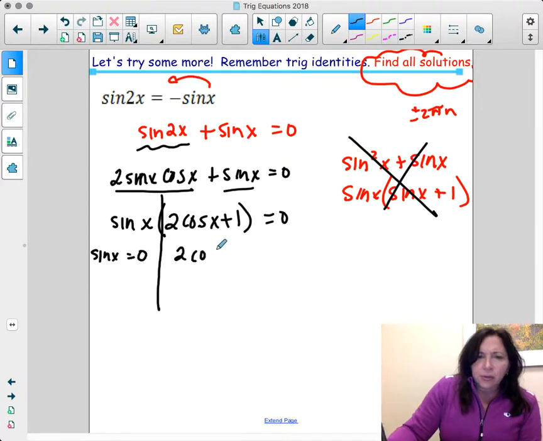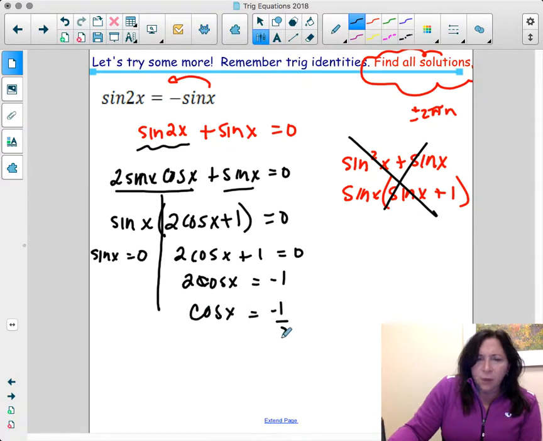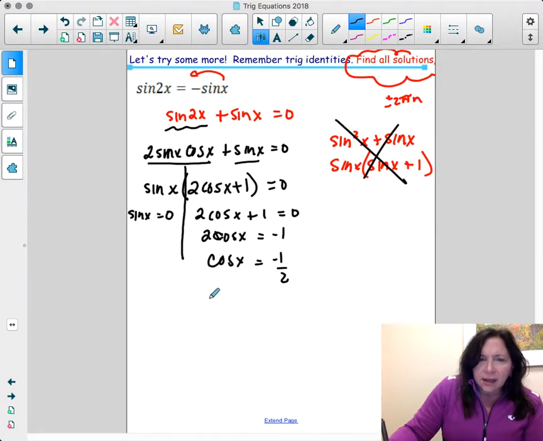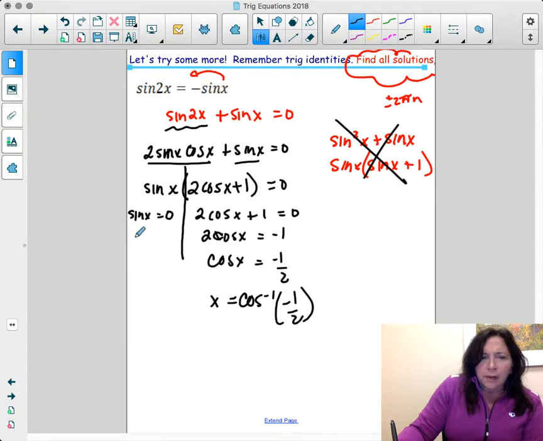And 2 cosine of x plus 1 equals 0. 2 cosine of x equals -1. Cosine of x is -1/2. And x is equal to arc cosine of -1/2. And this one is x equals arc sine of 0.